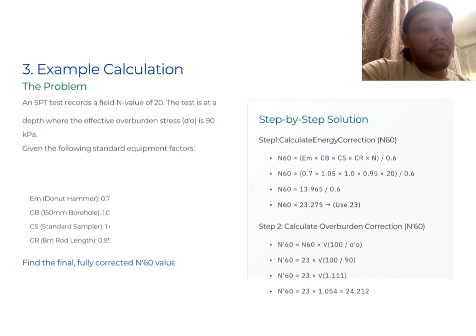From that, we get N prime 60 equal to 23 times 1.054 equal to 24.212. Okay, this is the value of N prime 60 that we get from the problem.